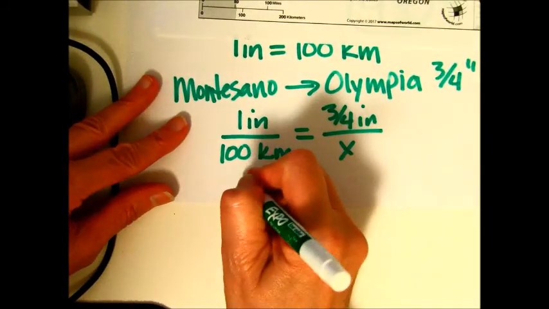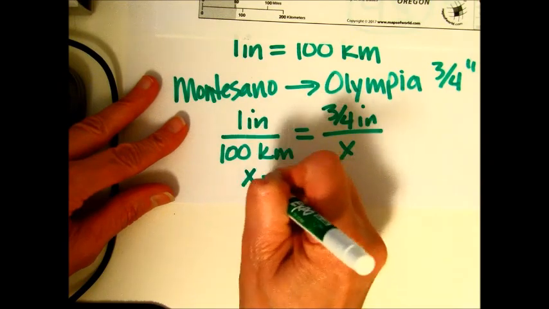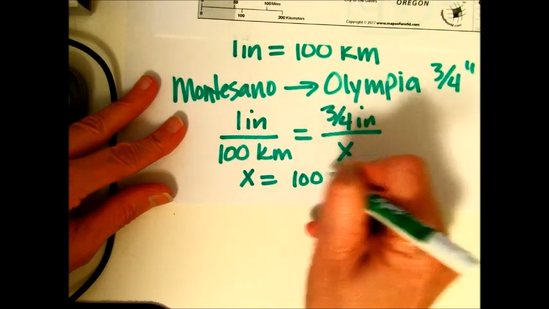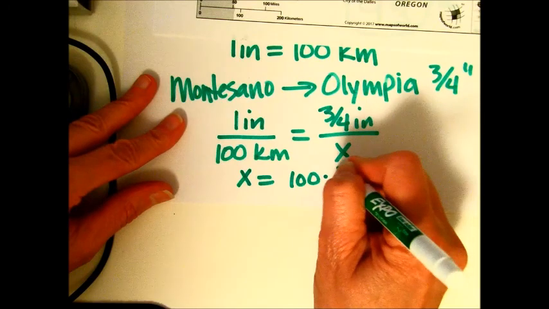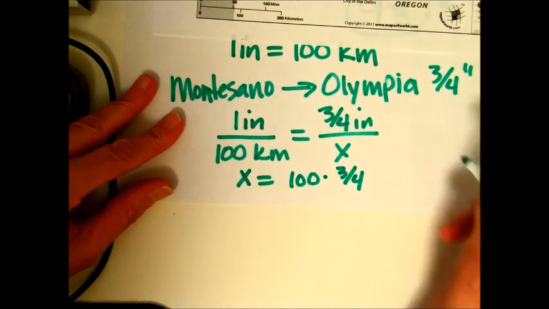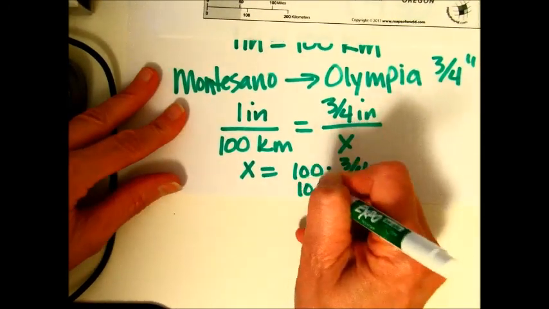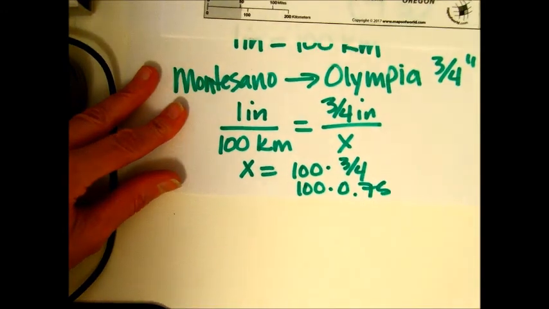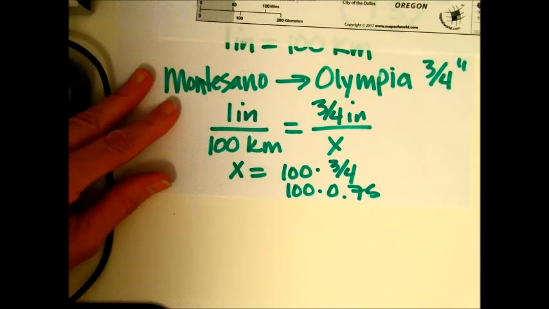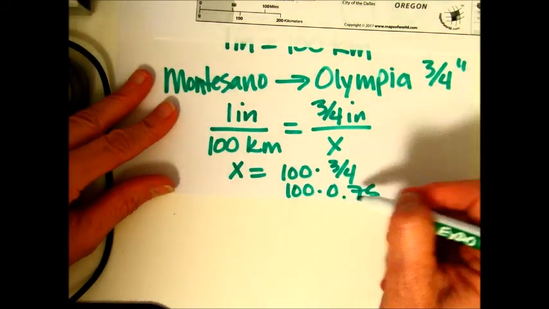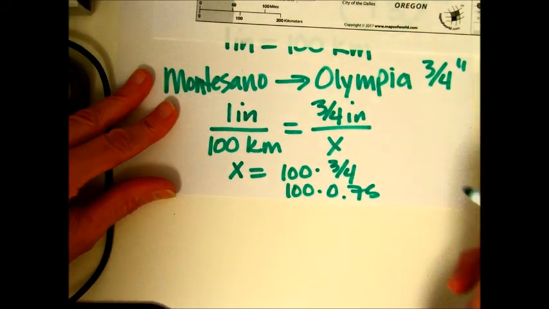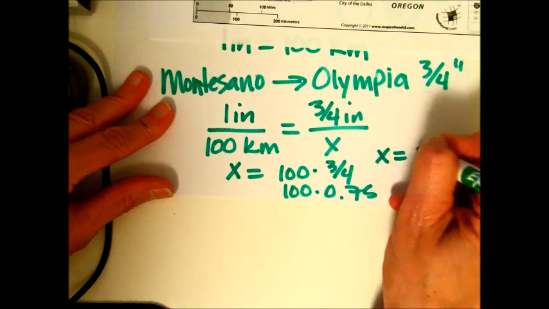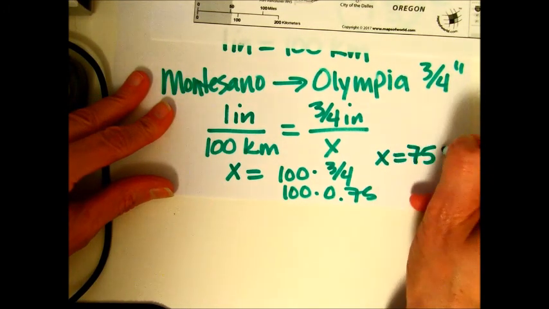So 1 times x, that's going to give us x, equals 100 times 3/4, or you could write it as 100 times 0.75, because 3/4 is the same thing as 0.75. Now, because I'm multiplying by 100, x is going to be 75 kilometers.